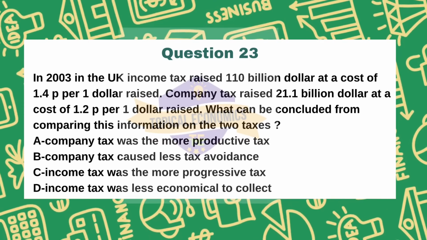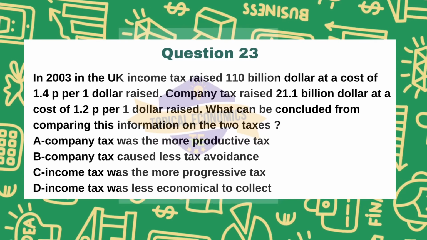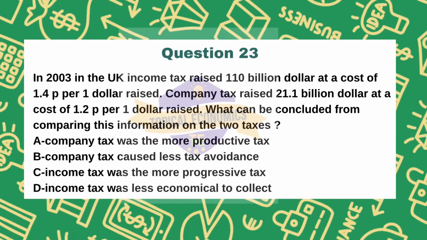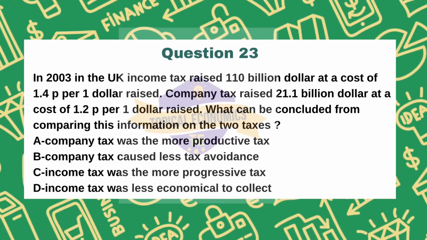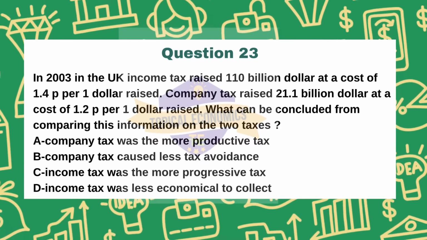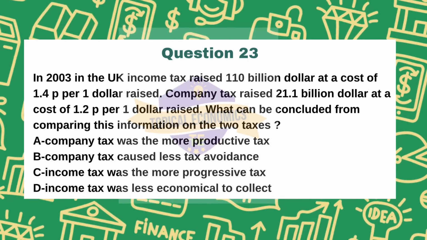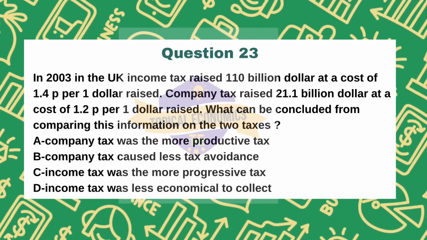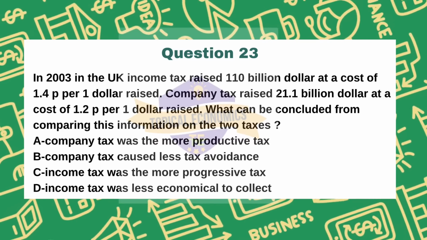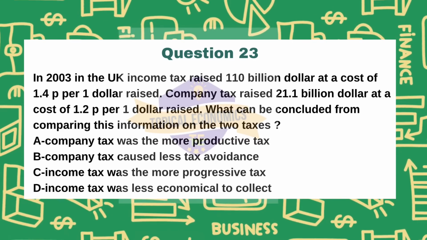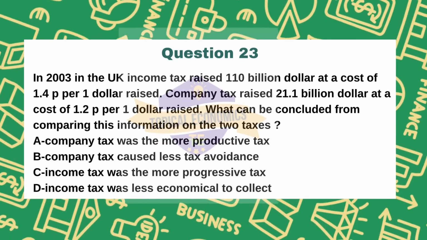Now, let's convert the costs to a common format for easier comparison. Since 1 pence is 1/100 of a pound, we can express the costs in terms of dollars. Income tax cost per dollar equals 1.4 pence, equals $0.014. And company tax cost per dollar equals 1.2 pence, equals $0.012.